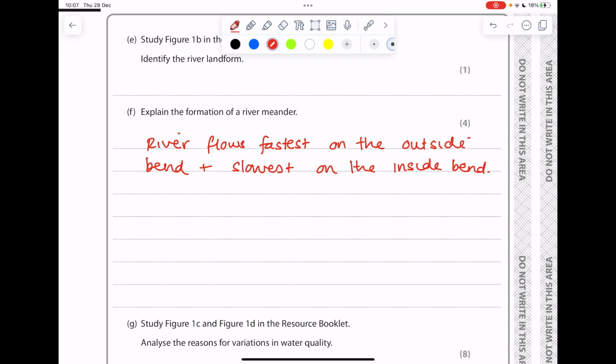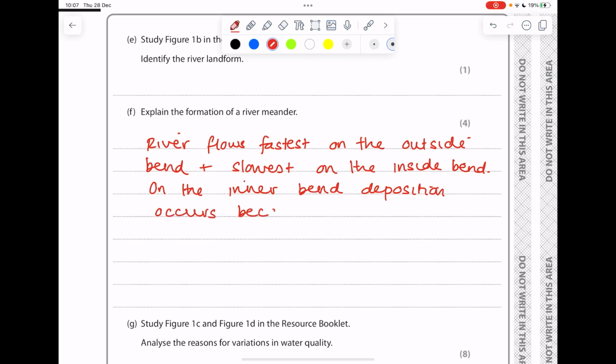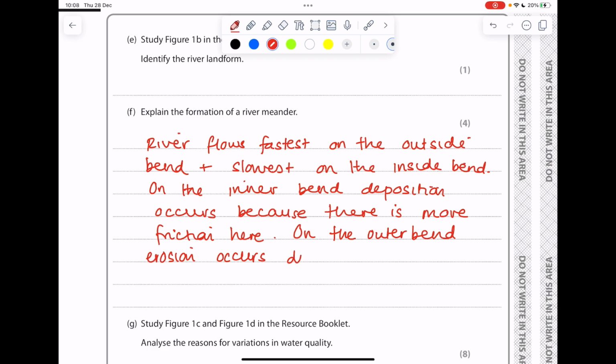Because of this, on the inner bend, deposition occurs due to there being more friction here. On the outer bend, erosion occurs due to hydraulic action.